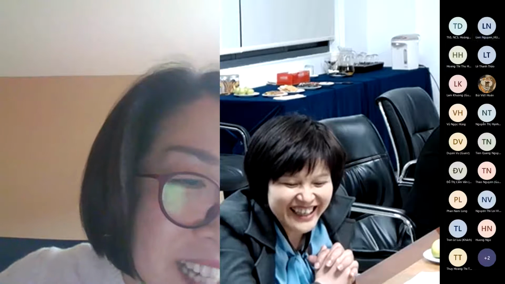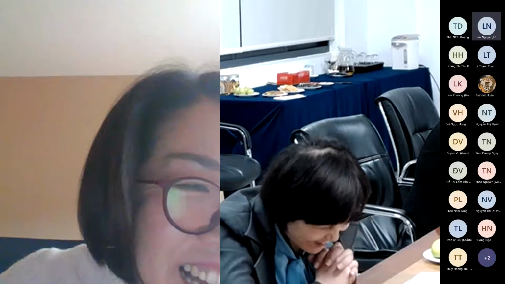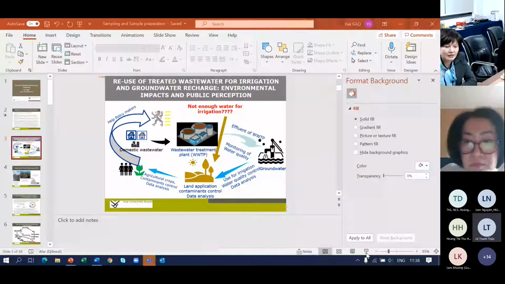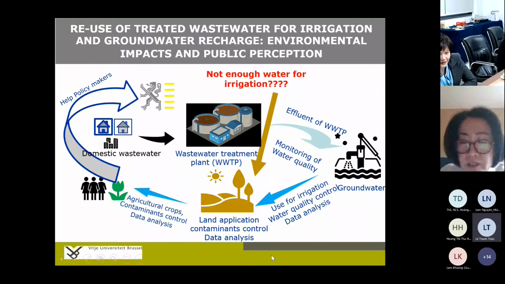I just wonder, in Belgium, do you monitor the levels of different toxic substances after the wastewater treatment plant? Actually, the wastewater treatment plant is called Aquafin. This is the name of the wastewater treatment plant.